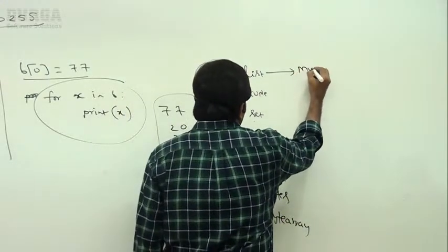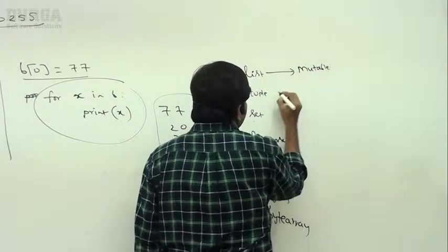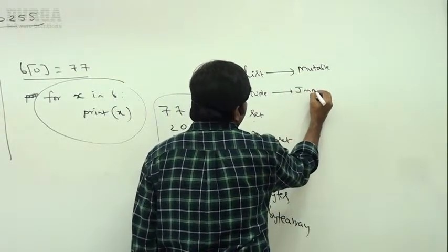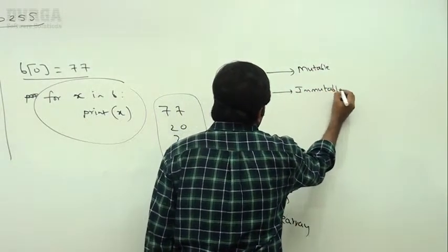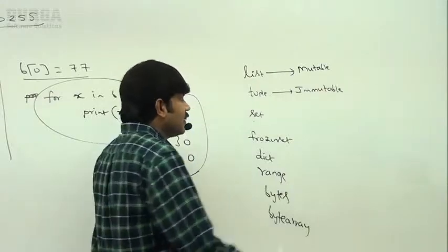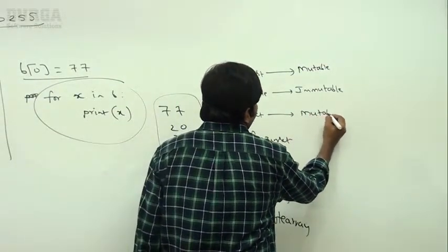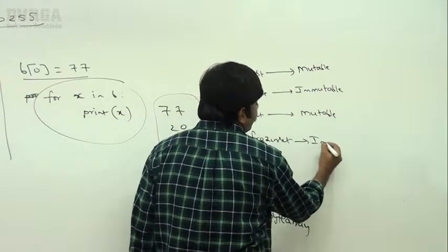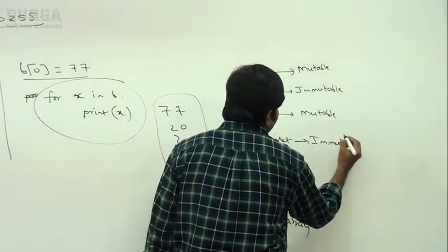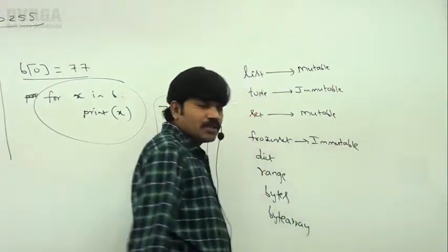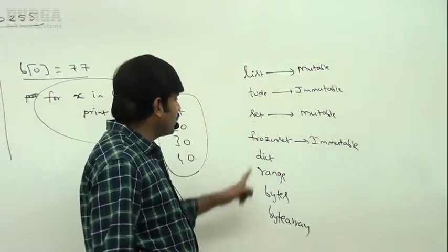List is mutable, changeable. Tuple is immutable. Next, set. Can you tell me mutable or not? Yes, mutable. Frozen set, immutable. The name itself indicates it, right? Frozen, freeze, you can't change.